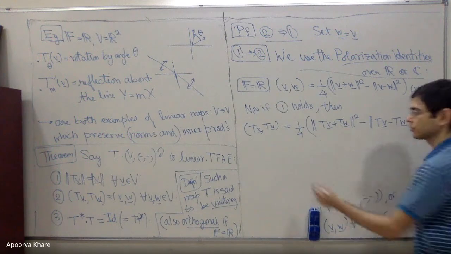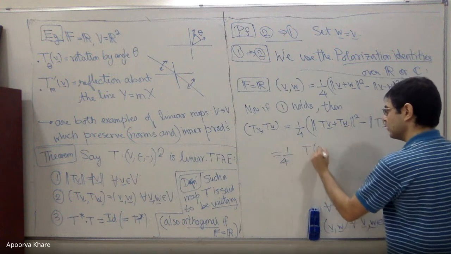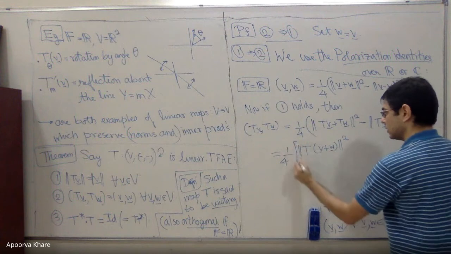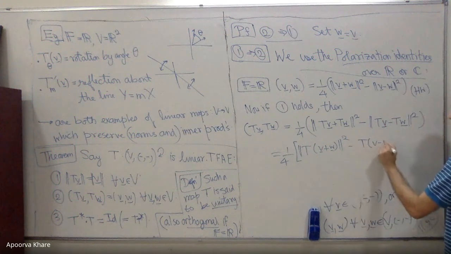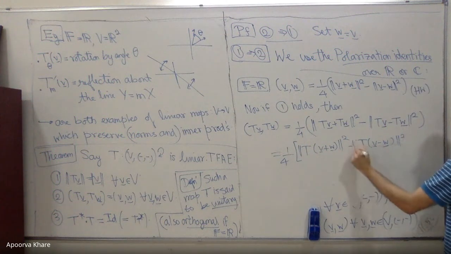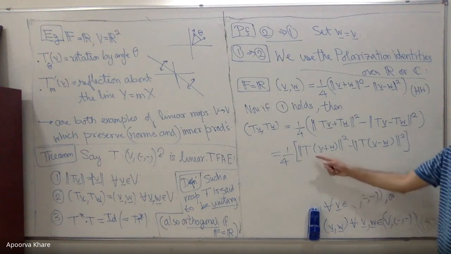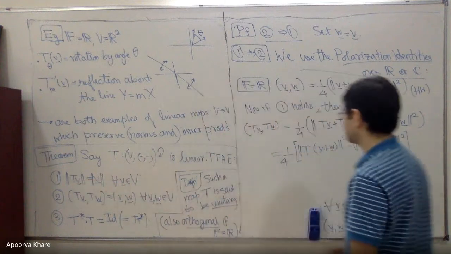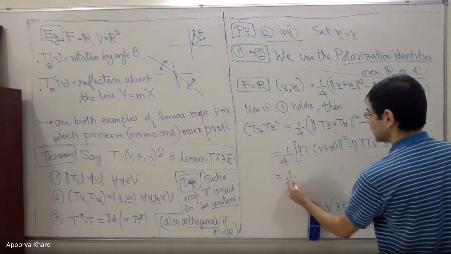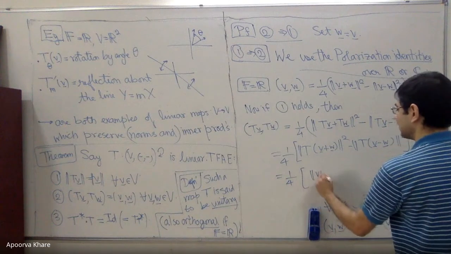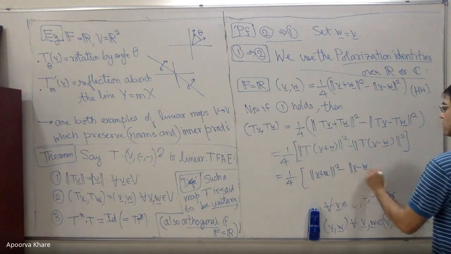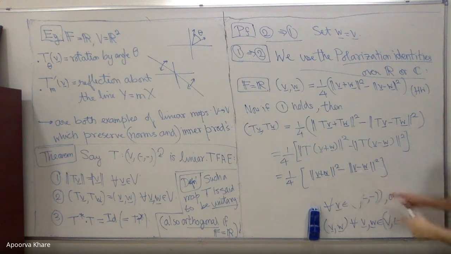Now T is linear, so this is 1/4 of T of V plus W, and this is T of V minus W. But now you see, this is where I use property 1. The norm of T of any vector is the same as the norm of that vector itself. So I can remove the T from both of these and just say norm of V plus W squared minus norm of V minus W squared. And now, again by the polarization identity, that is exactly the inner product of V and W.